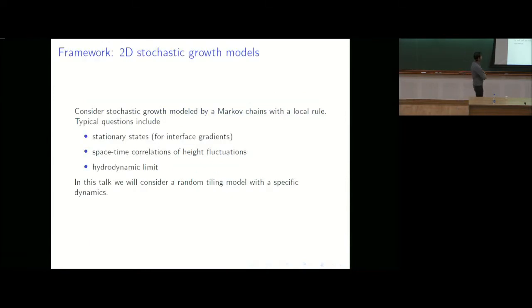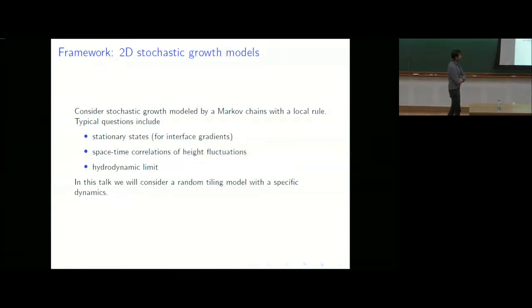So the setting that we've got is that we're considering a stochastic growth model modeled by some Markov chain with some local rule. Typically, the models I'm interested in are 2 dimensional, and it's got some kind of surface type of growth. There are many different questions that you can ask on these types of models.